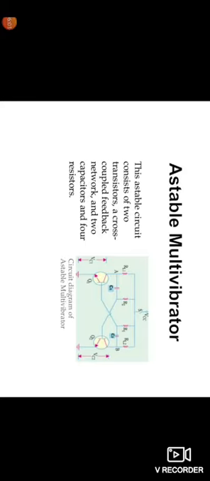The circuit consists of two transistors with a cross coupled feedback network, and two capacitors and four resistors are used in the astable multivibrator.